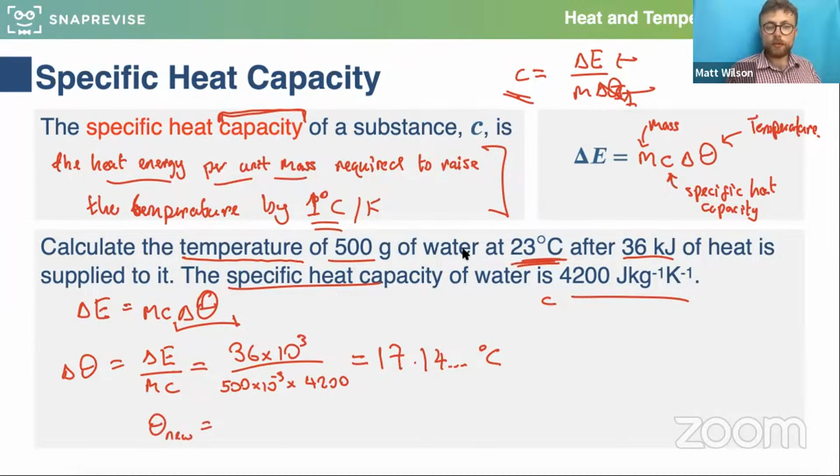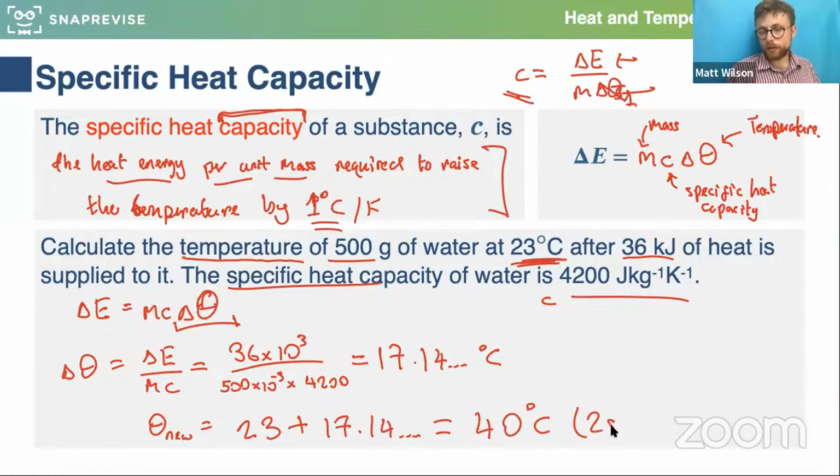Well, heat was supplied, so presumably our temperature increased. So we started at 23, but now we've added another 17.14, etc., which once you round off to two significant figures is 40 degrees centigrade. Two significant figures. Good. Hopefully that's making sense so far.